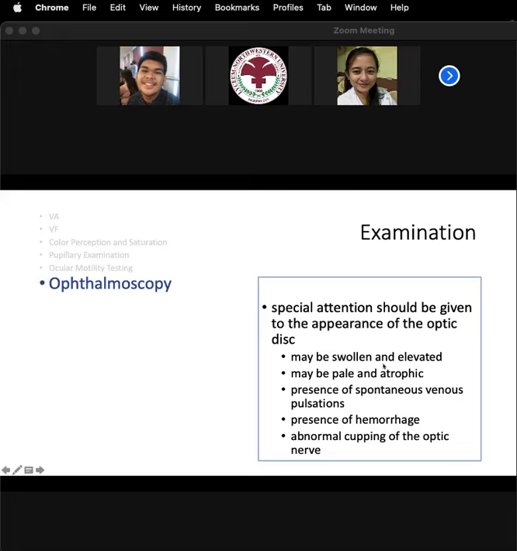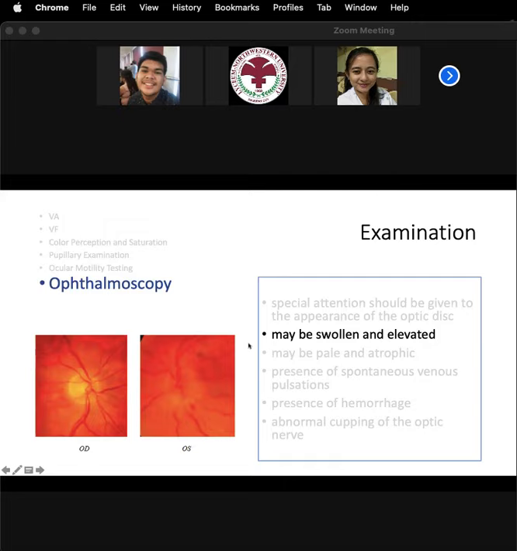It may be swollen and elevated. Normally, you have a distinct margin. That's when you examine a normal eye with fundoscopy or ophthalmoscopy. Distinct, kita mo yung borders niya. You can transition from orange to yellow or yellow-orange to red is distinct.